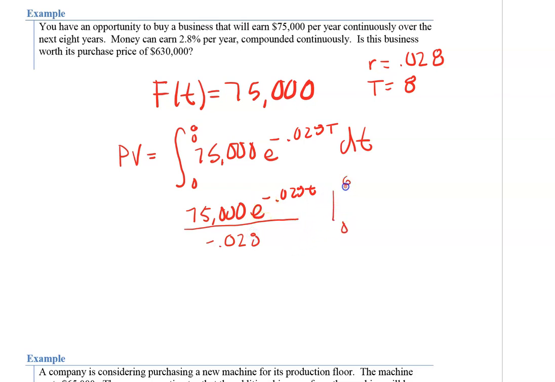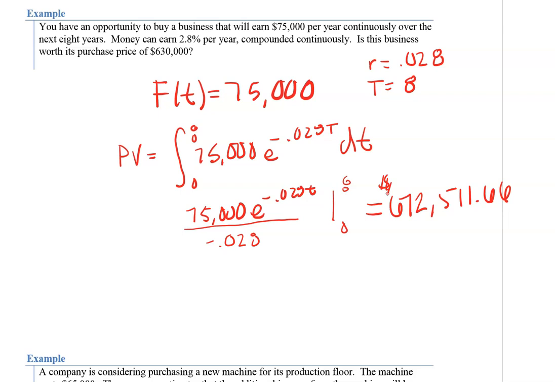We're going to integrate this from 0 to 8. Plugging in those values and subtracting them using your calculator, you get 672,511.66 because we're dealing with money. So the present value of the business is about $672,500, which is more than the $630,000 asking price. So this is a good deal.